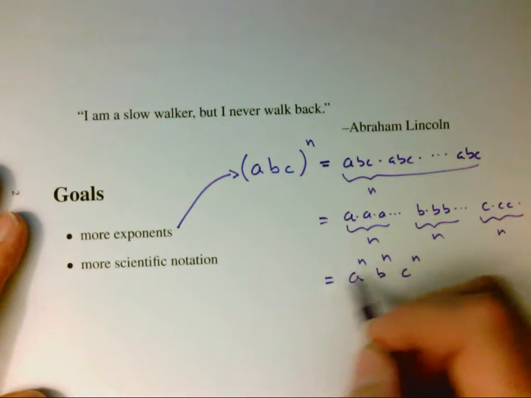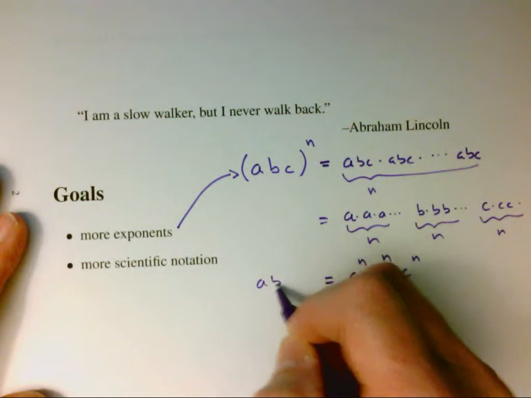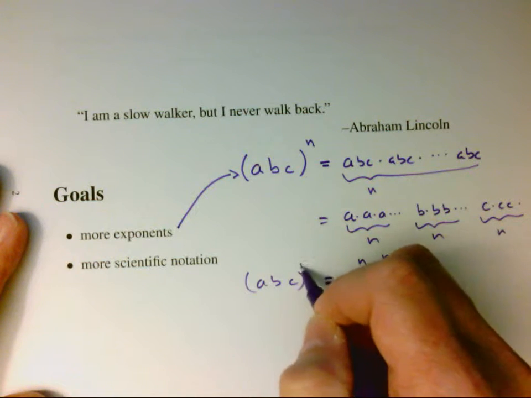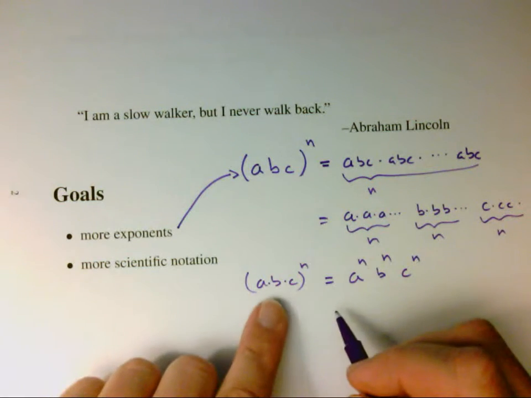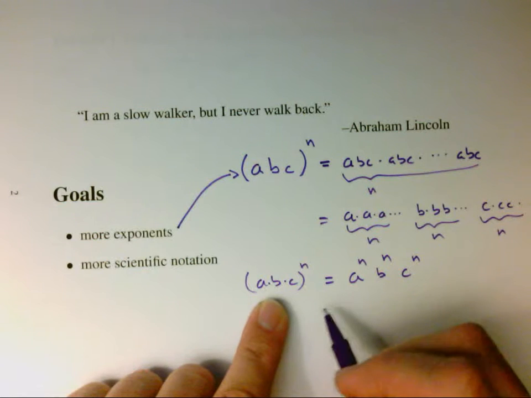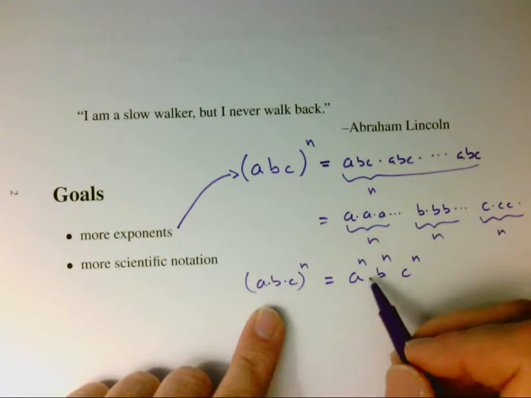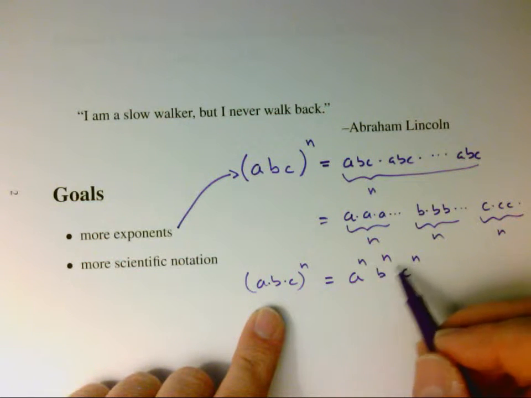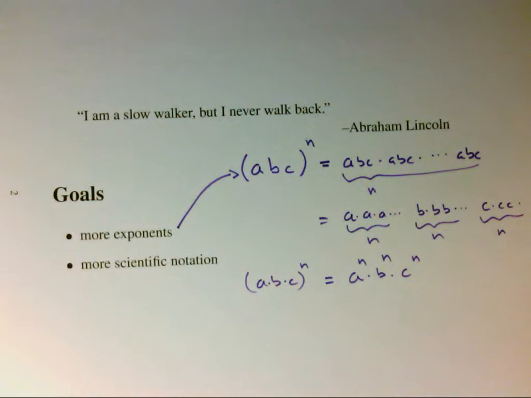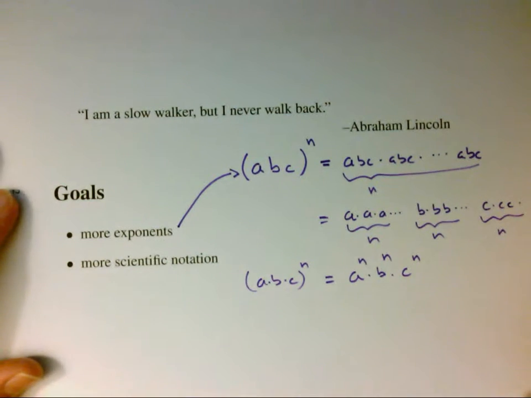So if you bring this left-hand side down here, if we are multiplying inside the parenthesis, we can effectively distribute the exponent onto every single factor.